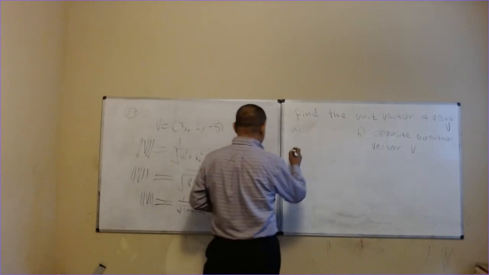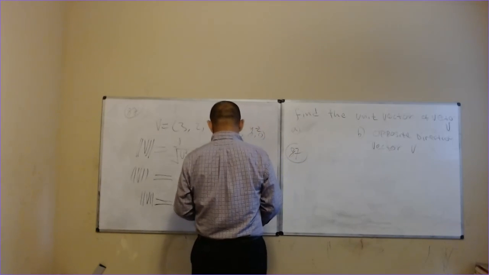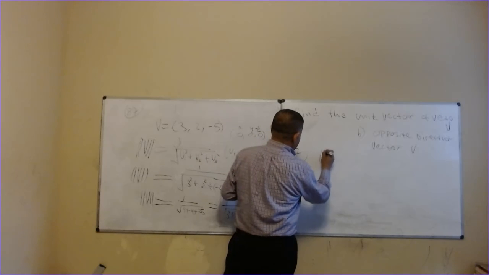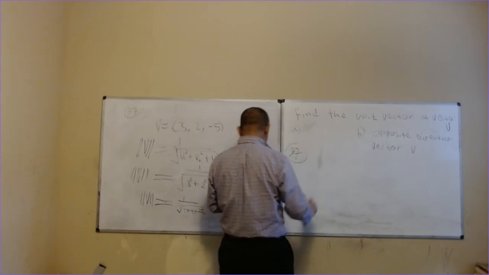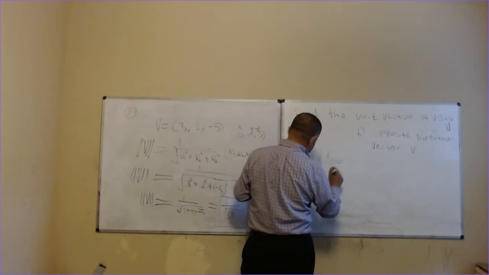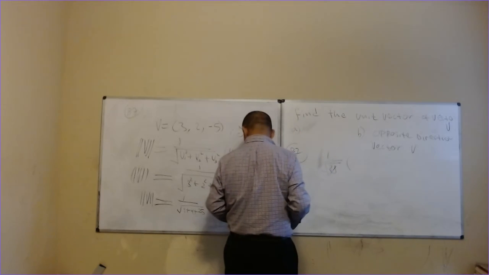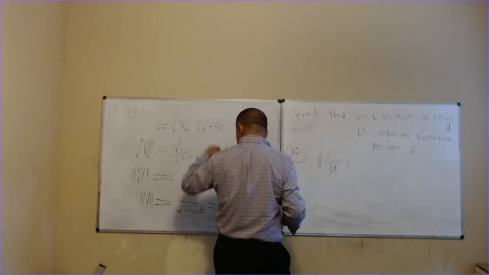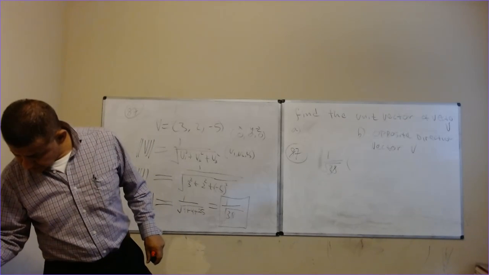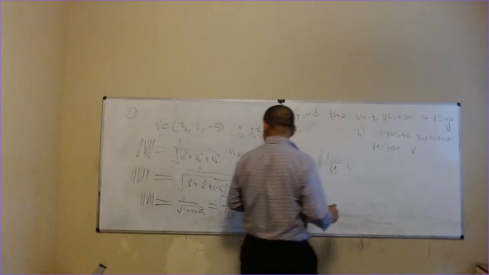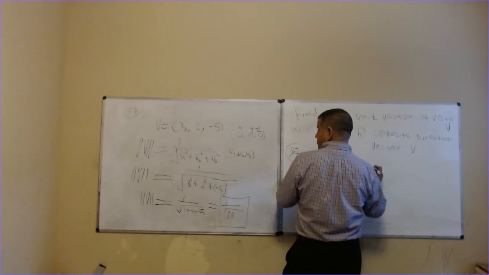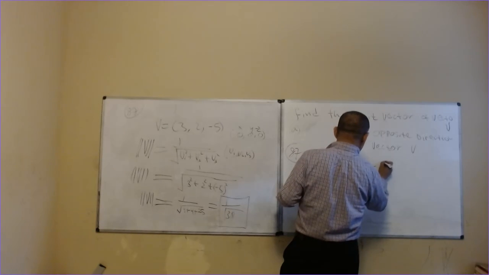So the answer for 87 would be this in front of this. I cannot take the square root of that, so we just leave it as it is. I mean, I can, but it's going to be a decimal, so might as well just leave it. So it's going to be square root of 38 times each value. Just hope I copied this correctly. Yep. It's going to be the values 3, comma, 2, comma, -5.